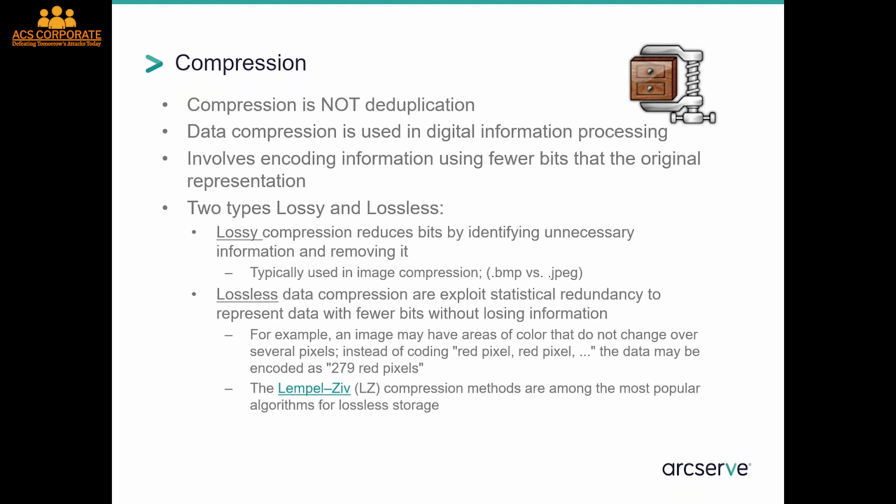Compression complements dedupe because you can attack data from two angles: you can compress and dedupe. So one thing to look for is that with any dedupe technology, you should be compressing the data as well. If you're speaking to a vendor that says we dedupe but we don't compress, I would be concerned about that, because to get the most effective data reduction overall, you should be doing both things.